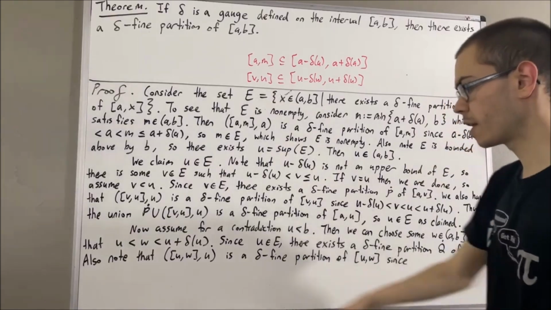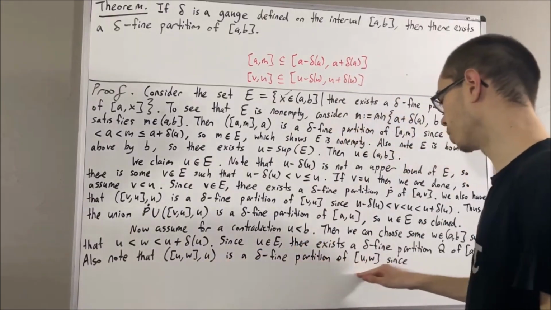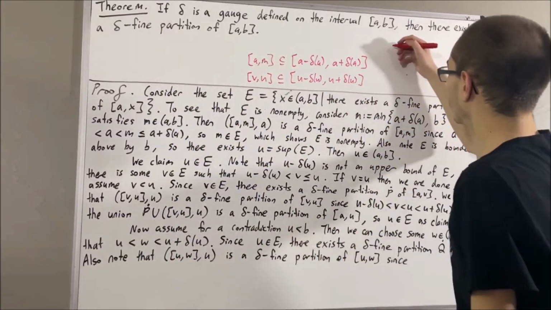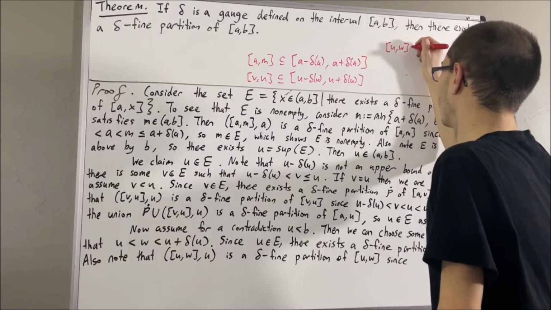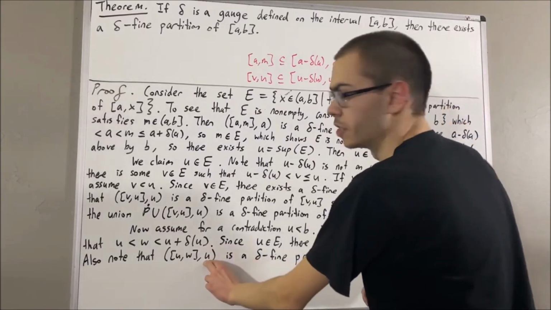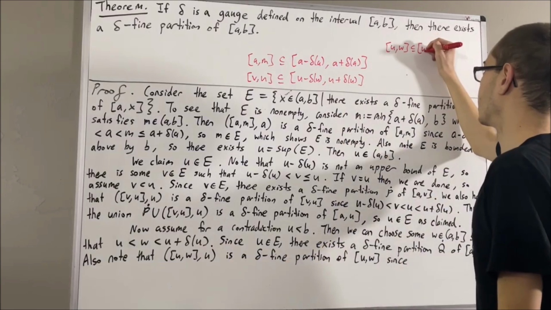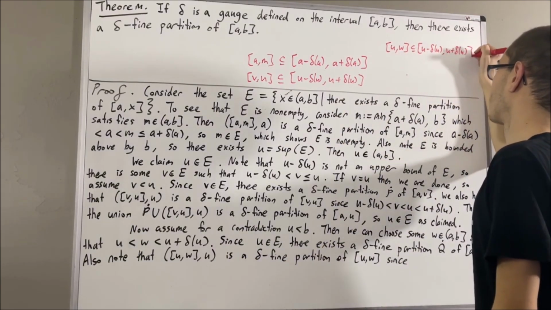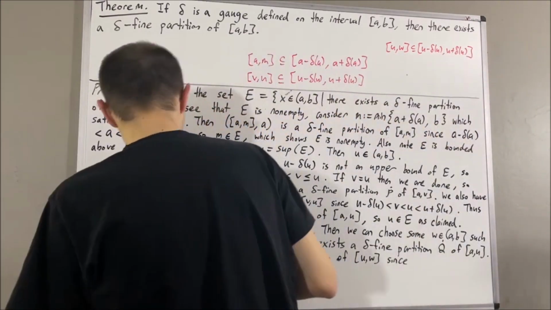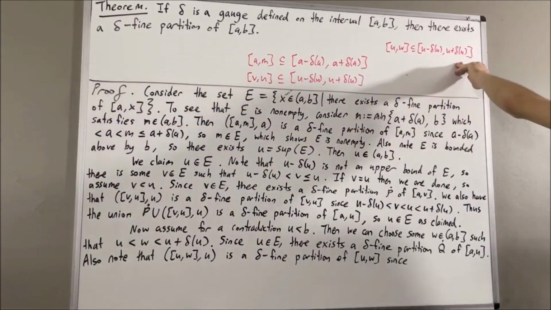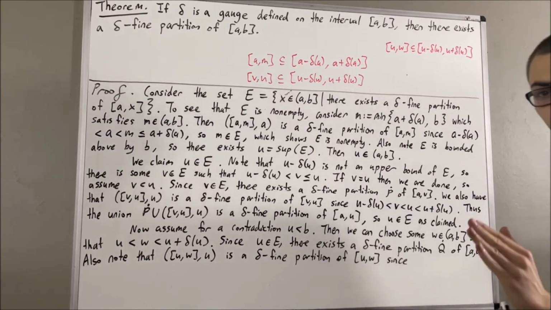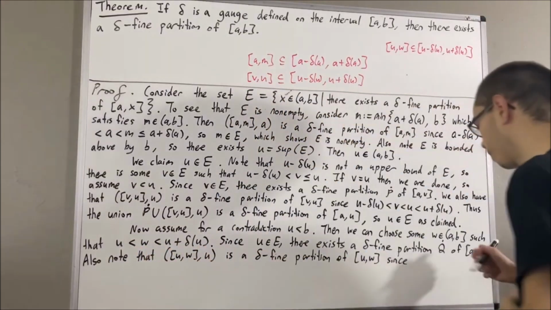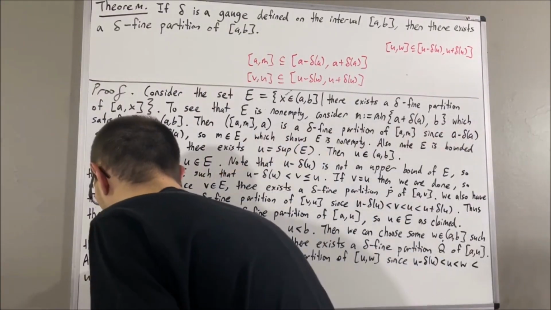And how do we verify that this is a delta-fine partition of [u, w]? All we got to do is show that [u, w] is a subset of that interval centered at u, and that interval is (u − δ(u), u + δ(u)). We can see that this is true because we have that u − δ(u) is less than u, which is less than w, which is less than u + δ(u).